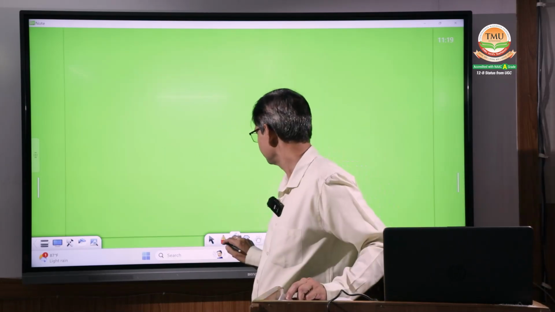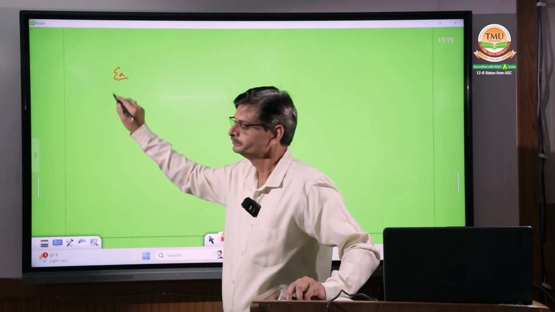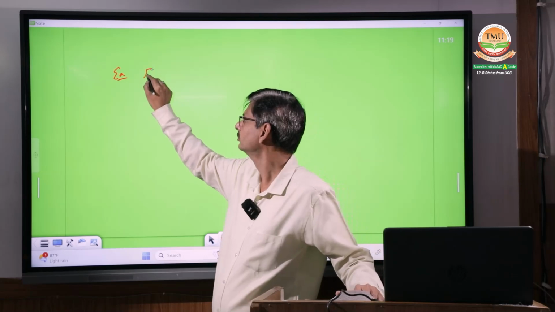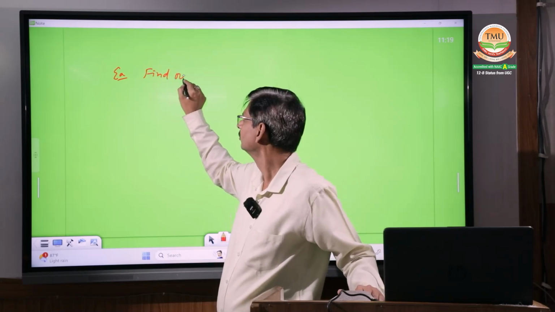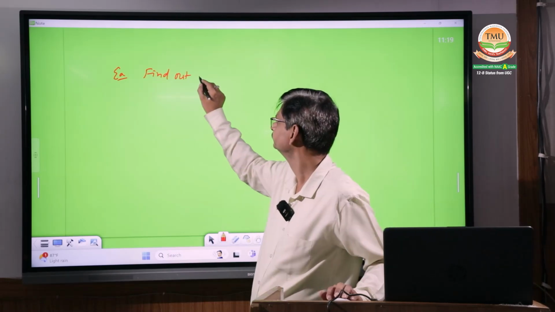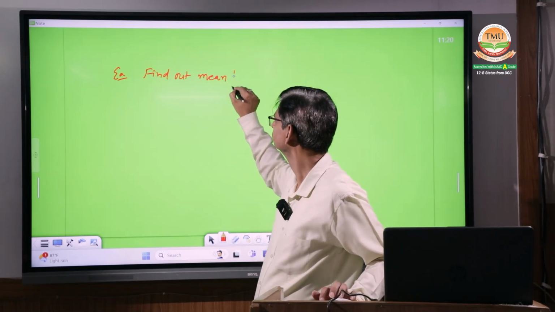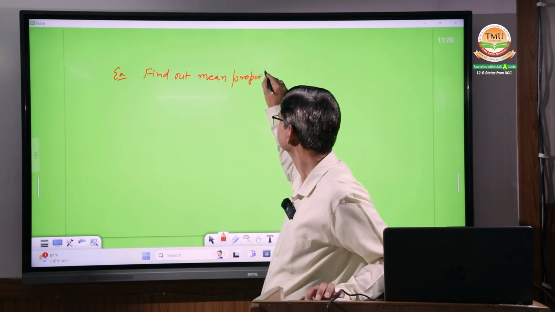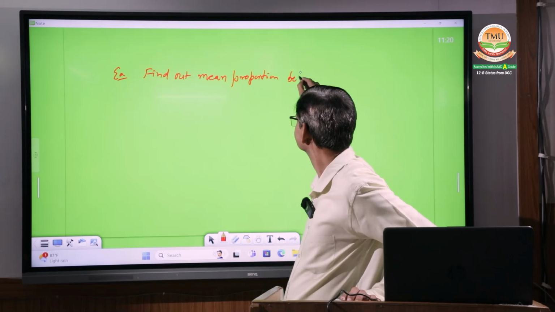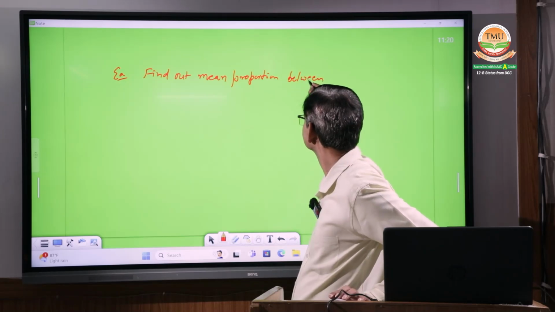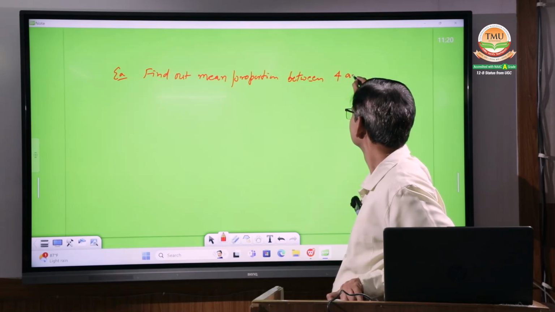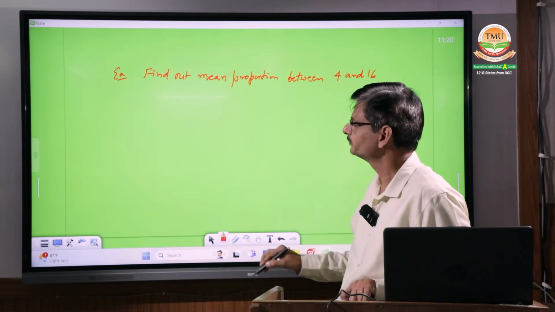Now, another example is: find the mean proportion between 4 and 16.